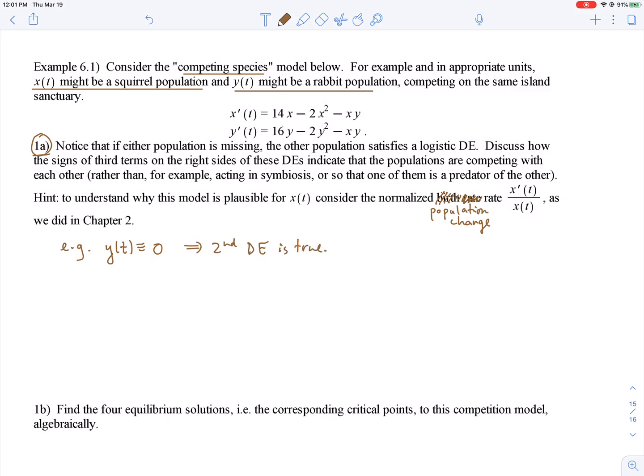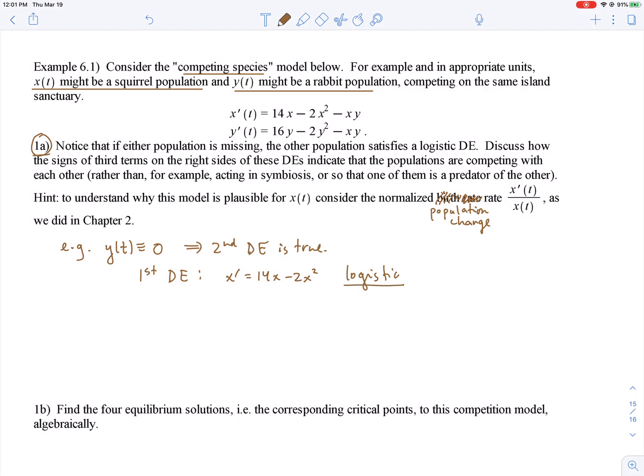And the first DE will just read x prime equals 14x minus 2x squared, which is logistic. So you know there's a carrying capacity on that island, and all squirrel populations will converge to that equilibrium solution.